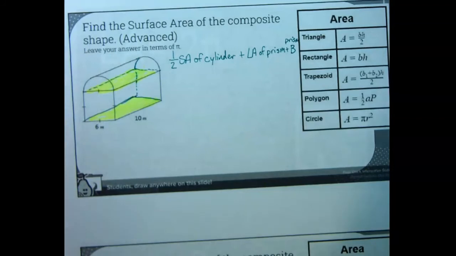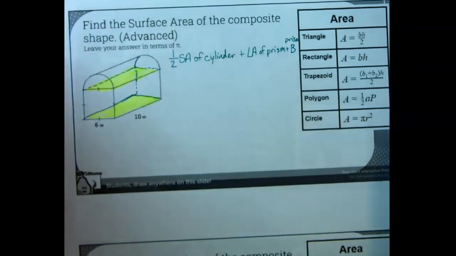So one base. I'm going to write prism base. I kind of ran out of room here. So one total surface area of the cylinder, and then divide it by 2. So cut that in half. And then you find the lateral area of the prism and only one base. Okay, let's do that.